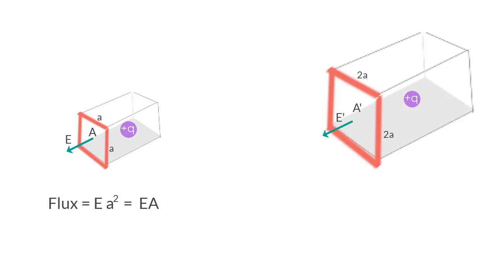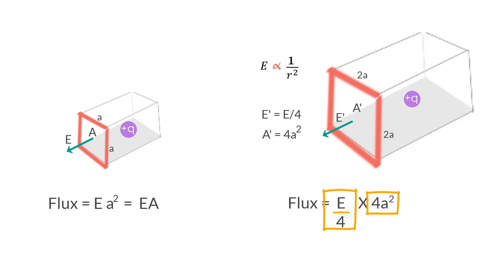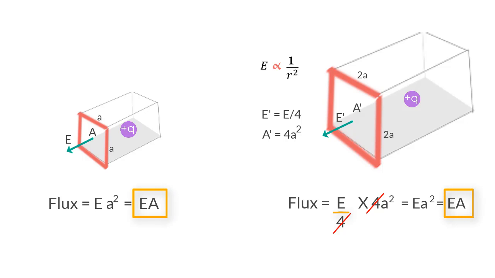And we know that since the value of E falls as the square of the distance from the charge, the E value therefore should become E by 4 on this surface. But the area of this face for this box is now (2A) squared, which is equal to 4A squared. Then the flux becomes equal to E by 4 into 4A squared, which you see equals EA, which is the same as before for the smaller box.